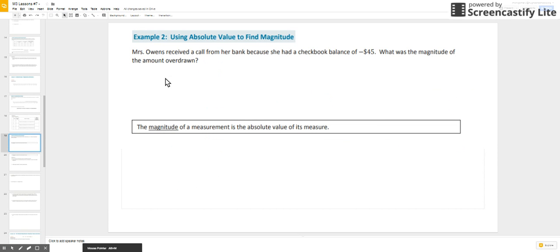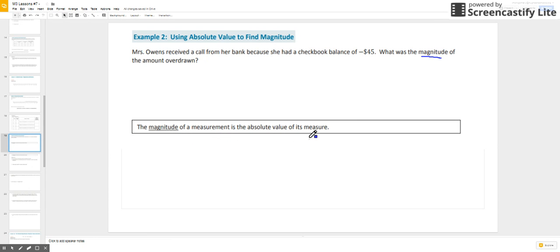Example 2. Mrs. Owens received a call from the bank because she had a checkbook balance of -45. It says, what was the magnitude of the amount withdrawn? If we don't understand what magnitude is, it's a key word that was left here for a reason. The magnitude of a measurement is the absolute value of its measure.